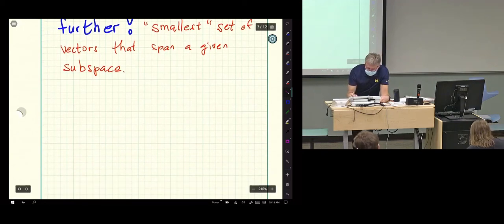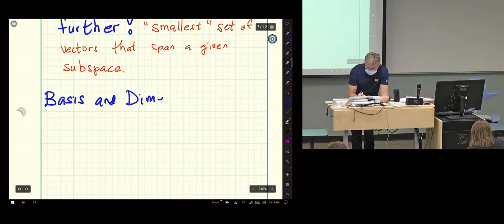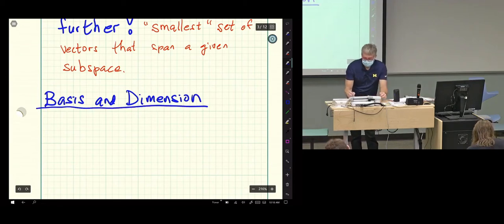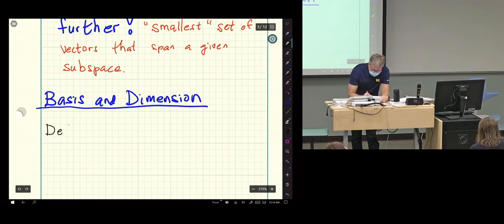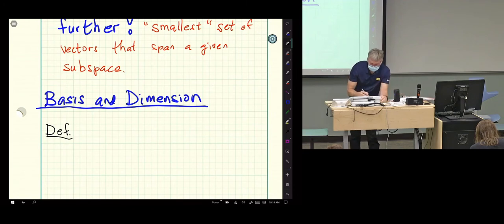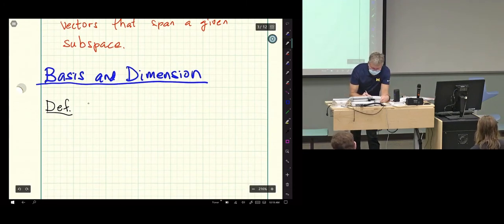So let's define basis and dimension. So definition. Suppose that V is a subspace of Rn.